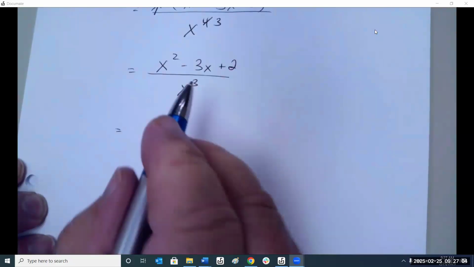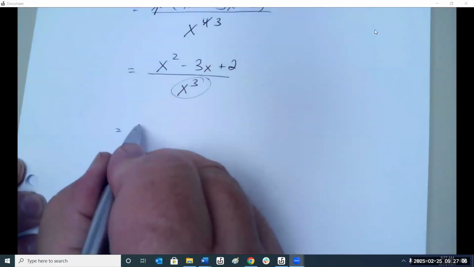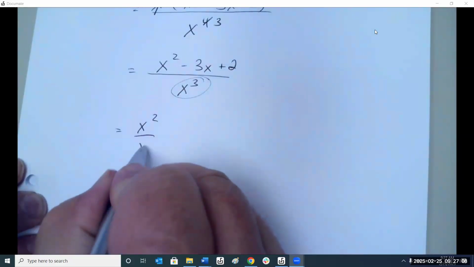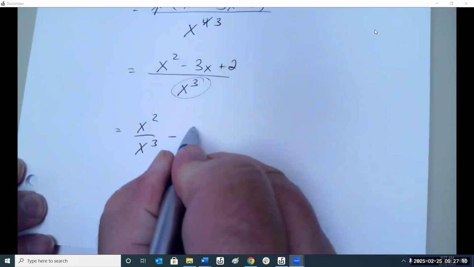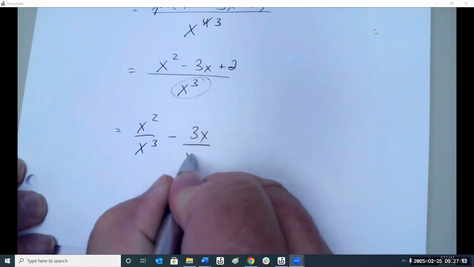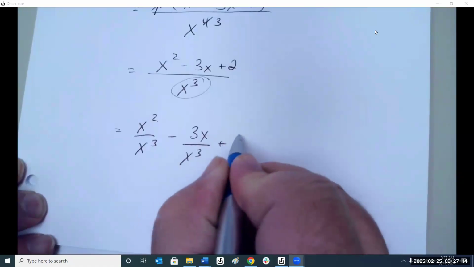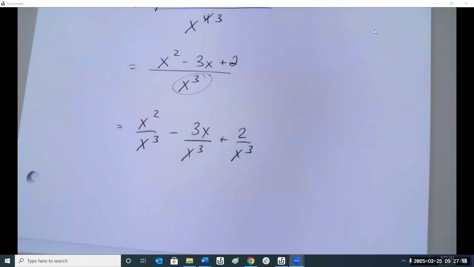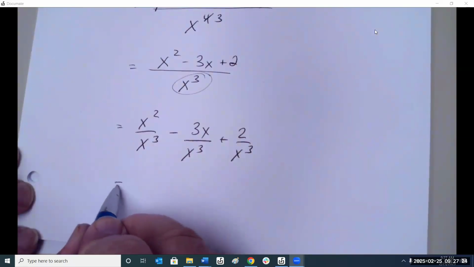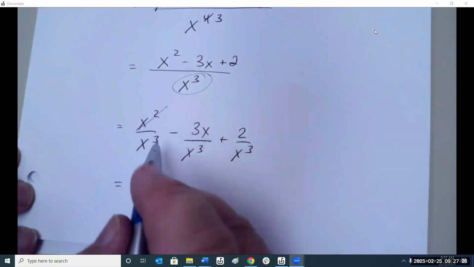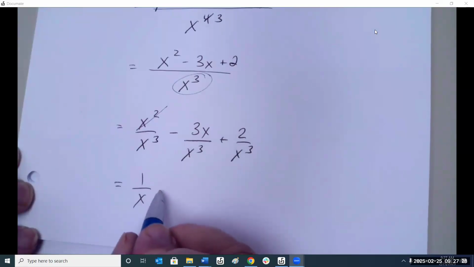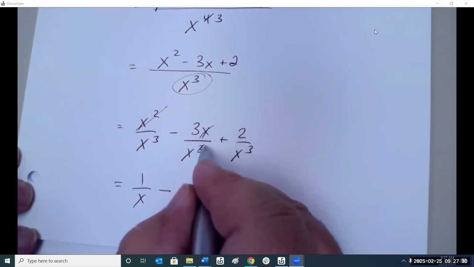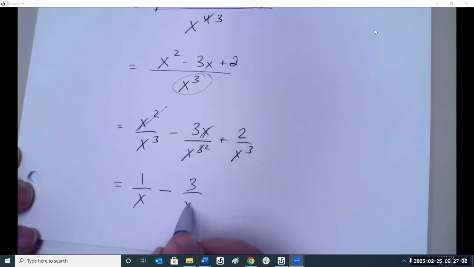Again, since it's a monomial, I can split up all of these and take them individually. I could change it from a quotient rule to a sum and difference rule. Two x's cancel, so I have 1 over x. 1x cancels, so I have 3 over x squared.